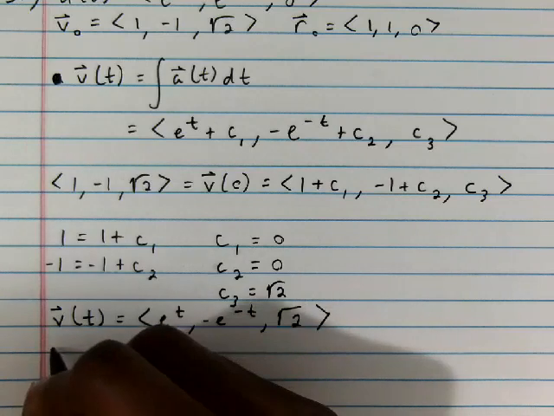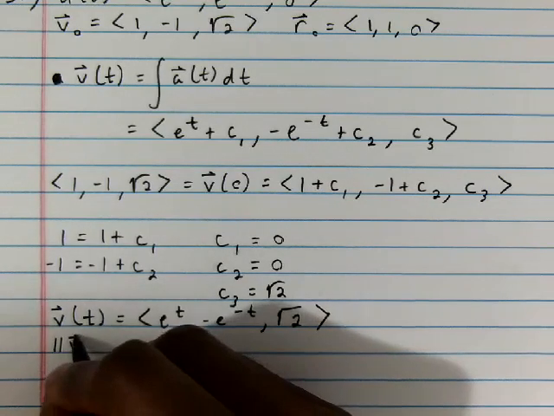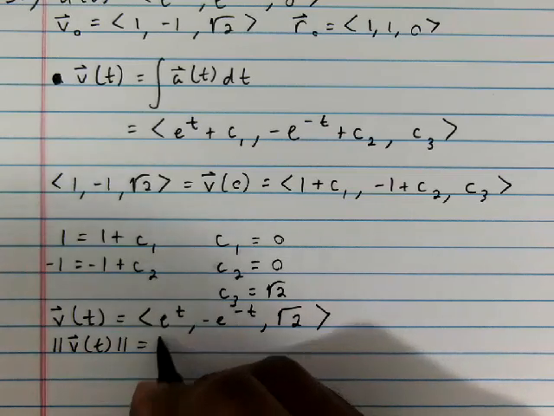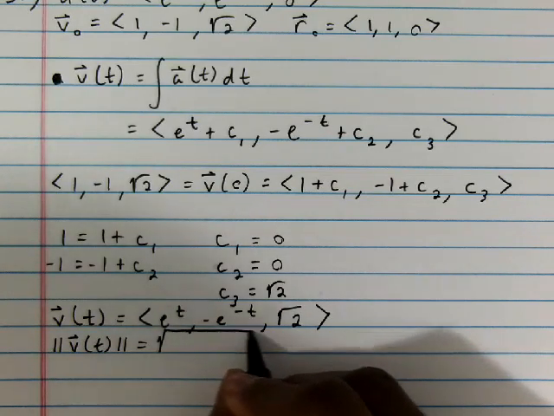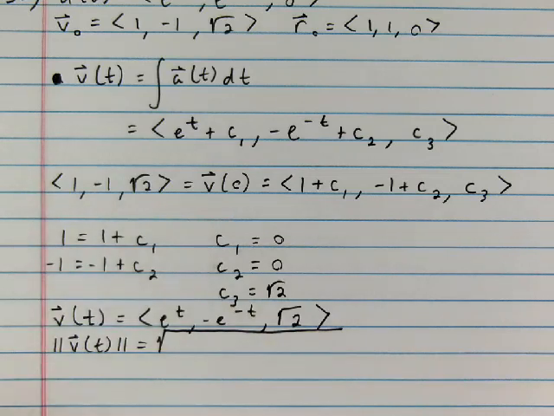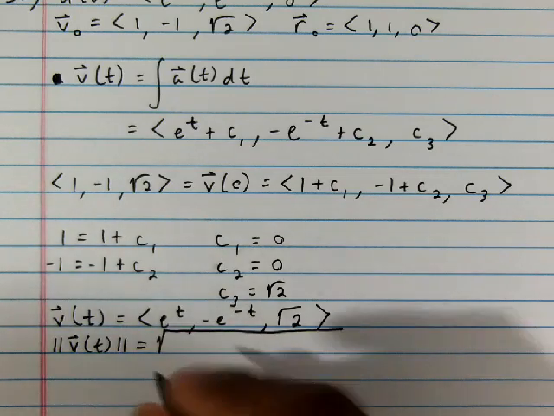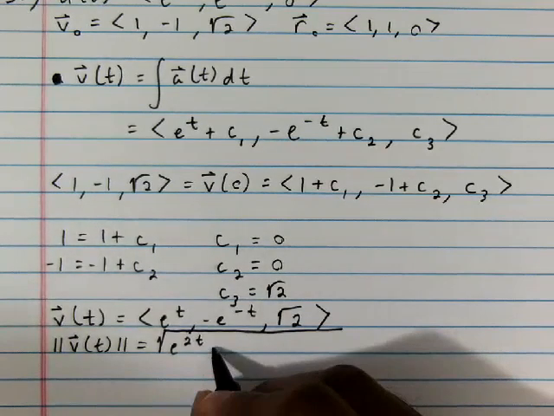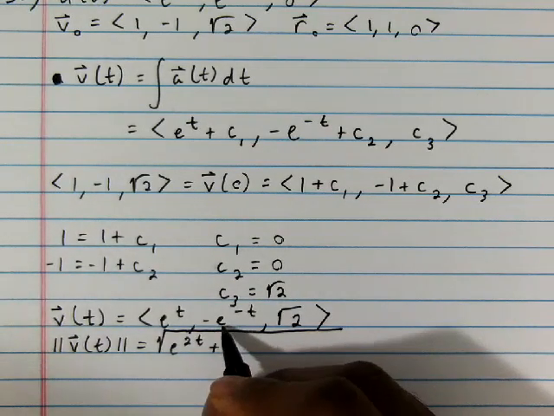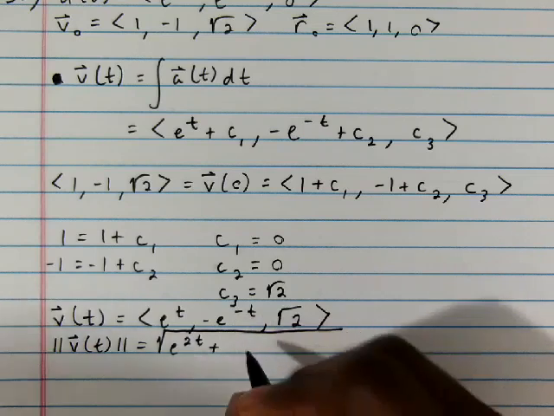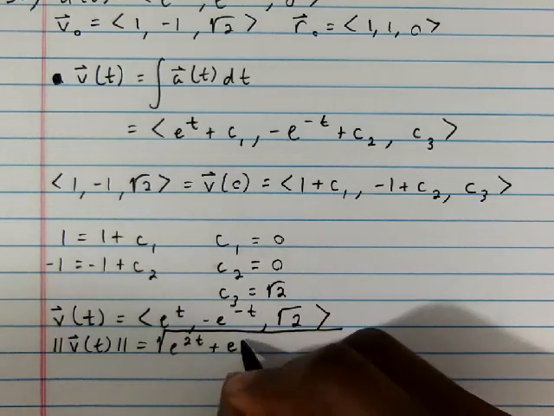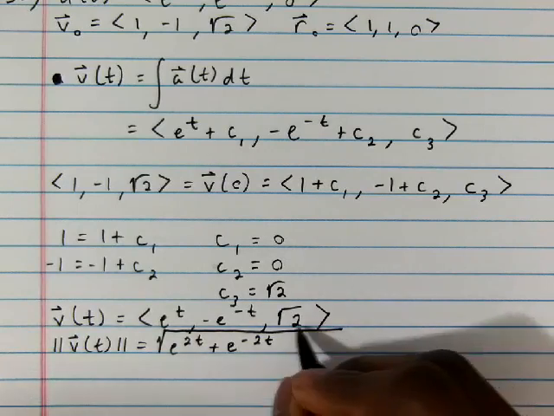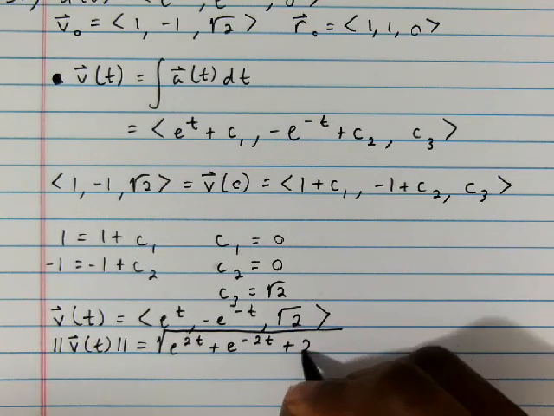So the speed is the magnitude of velocity, which equals the square root of e to the t squared, so that is e to the 2t, plus negative e to the negative t squared, that is e to the negative 2t, and then plus the square root of 2 squared, which is 2.